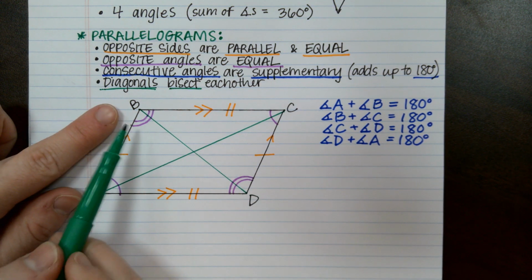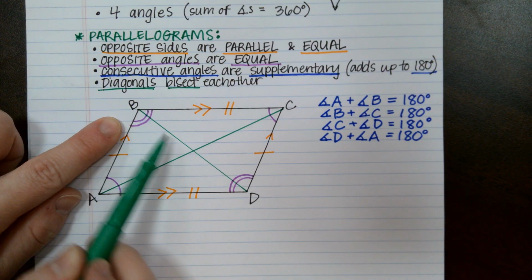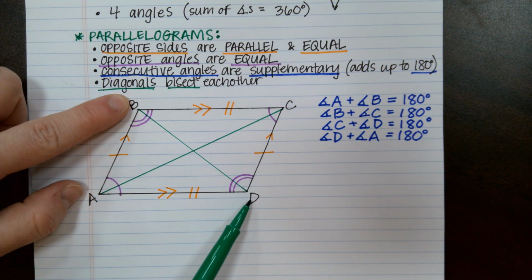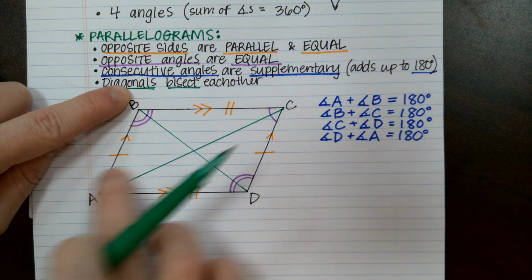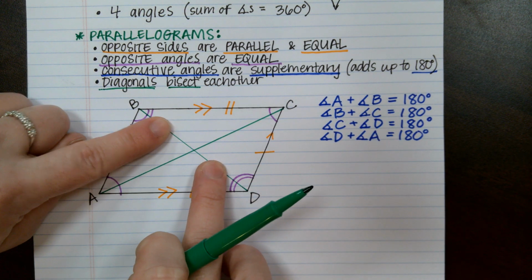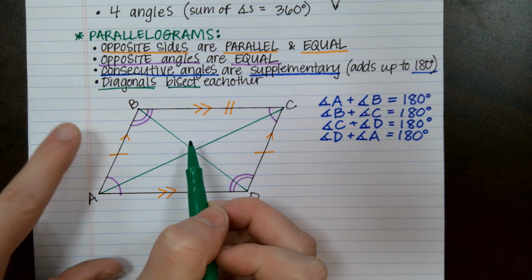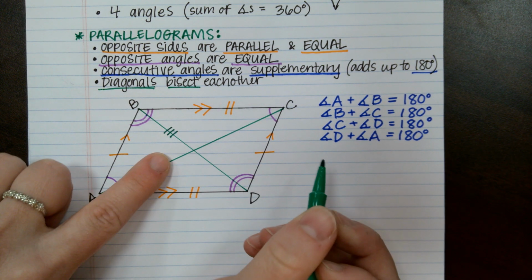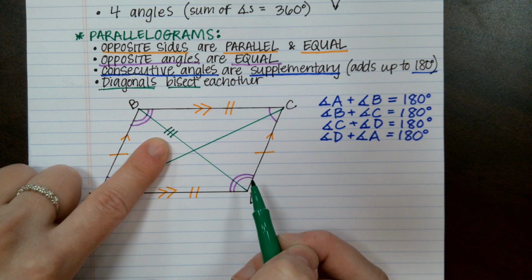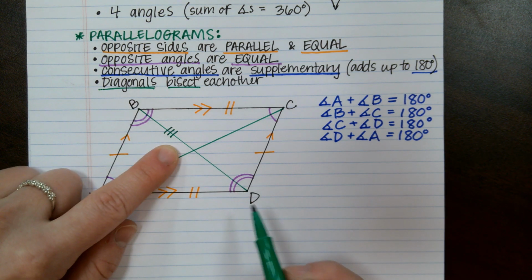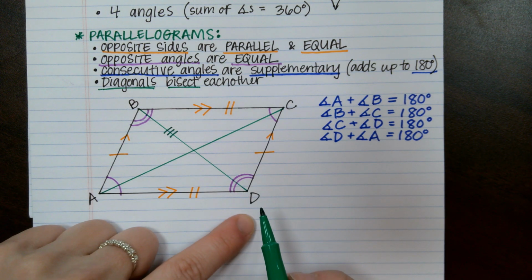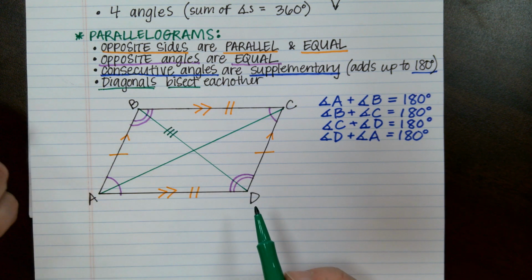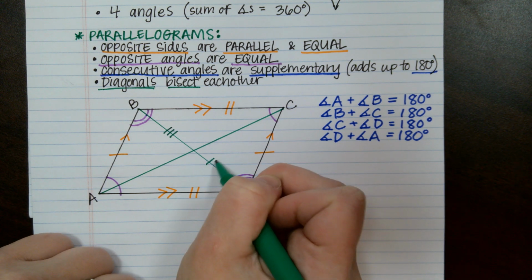But if I'm looking at just B to D, right here, this diagonal is splitting it in half. So I'll give you the first one. B to the middle is the same length as D to the middle, because it's being split in half. Does that make sense?